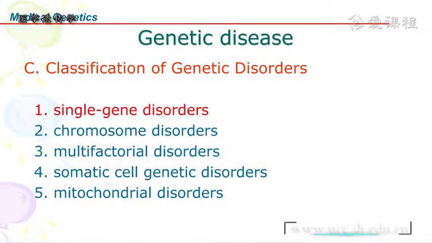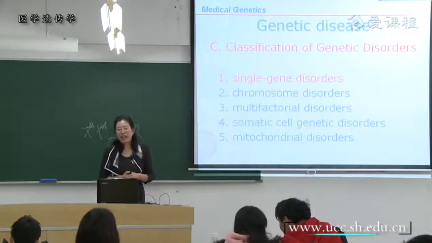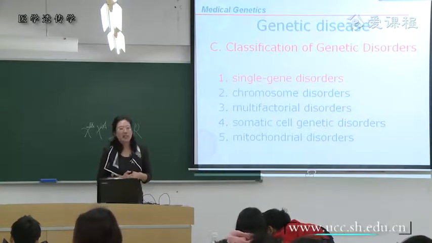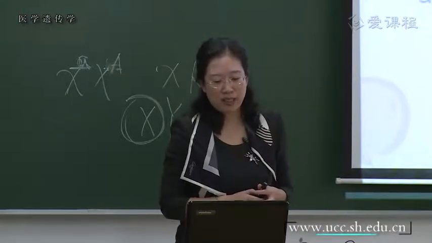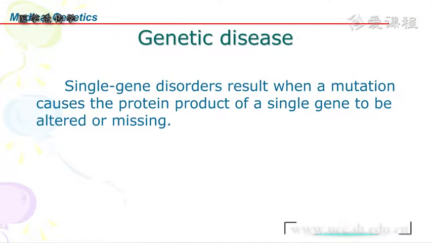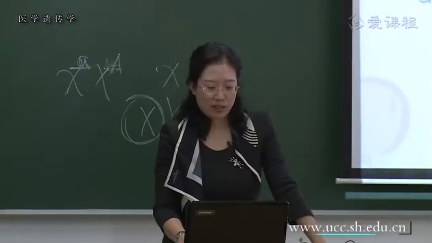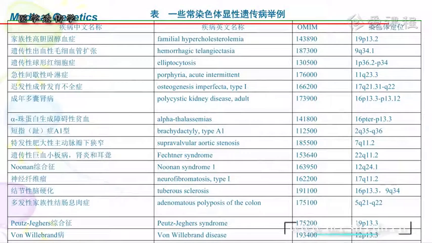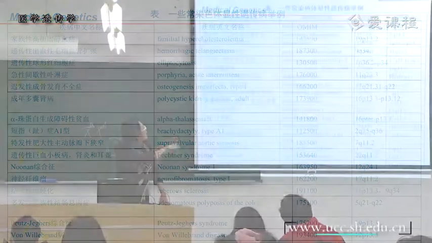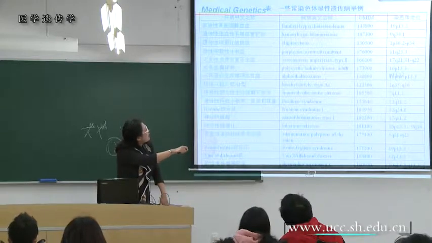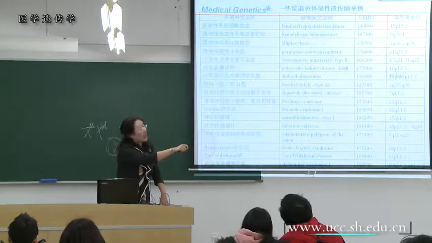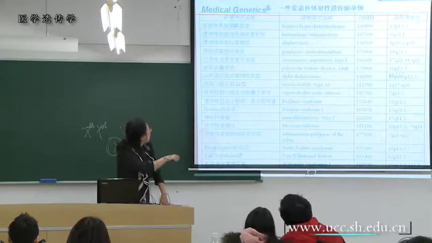And the classification of genetic disorders. The first one is single gene disorder. It is because of one gene mutation. Look at this table. A lot of gene names. This is the Chinese name, this is the English name, and this is the gene location on which chromosome.